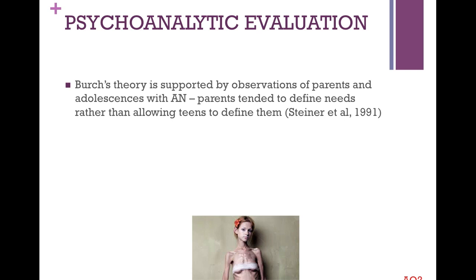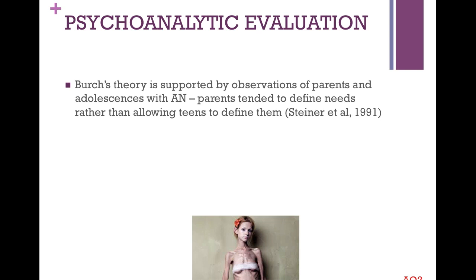Steiner et al. observed and interviewed parents and their children, children who had anorexia nervosa, interviewing them and observing them with their parents. What they found was that the parents were the ones that tended to define the needs of their children. It was the parents who seemed to be overbearing.